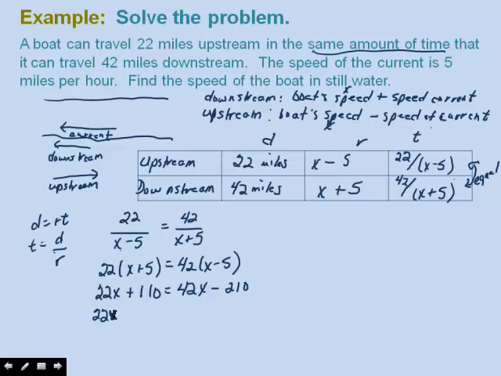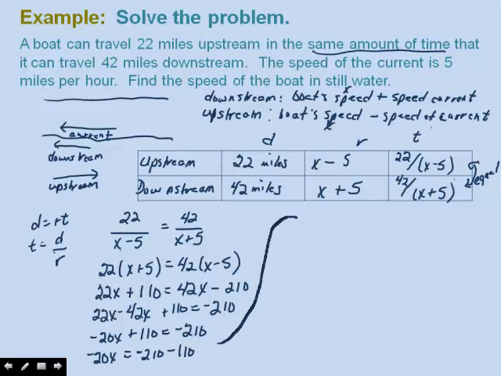Now if we subtract 42x from both sides, then on the left side we have negative 20x plus 110 is equal to negative 210. Then if we subtract 110 from both sides, that gives us negative 20x is equal to negative 320.